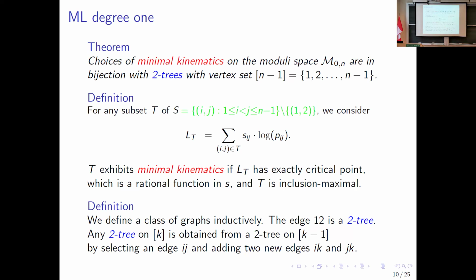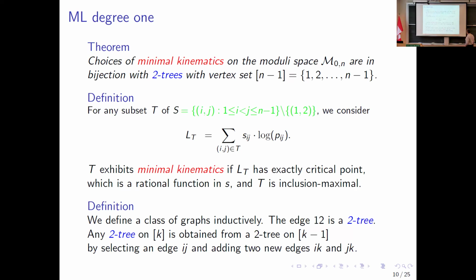Now the second blue definition is two trees. This is a class of graphs. These graphs are not trees, and the definition is inductive. If I have two vertices only, which in this notation would be n equals 3, then a single edge with two vertices I'm going to call a two tree.